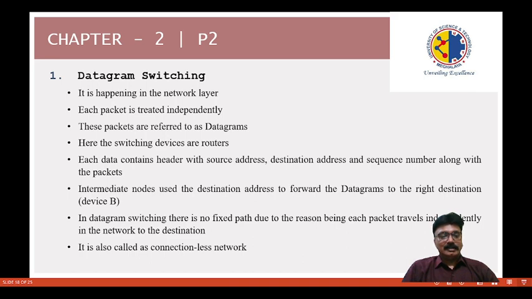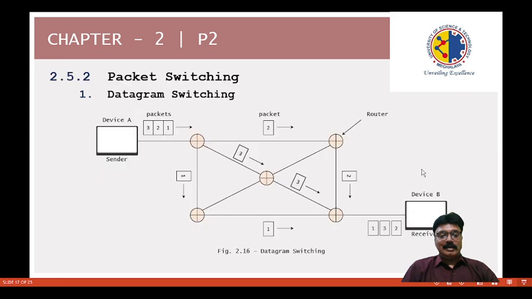Each packet contains a header with the source address and destination address, along with the sequence number. As I said, when packet 2 travels from this router to this router, it carries header information as well as source and destination information.